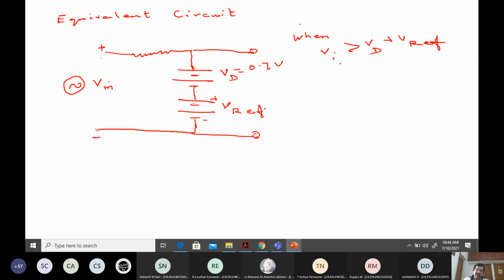So when VI is greater than VD, your 0.7, plus V reference, that is when the diode will conduct. When the diode conducts, above 0.7 volt you will have this V reference here. So my waveform, now look at my waveform, it is going to be like this.